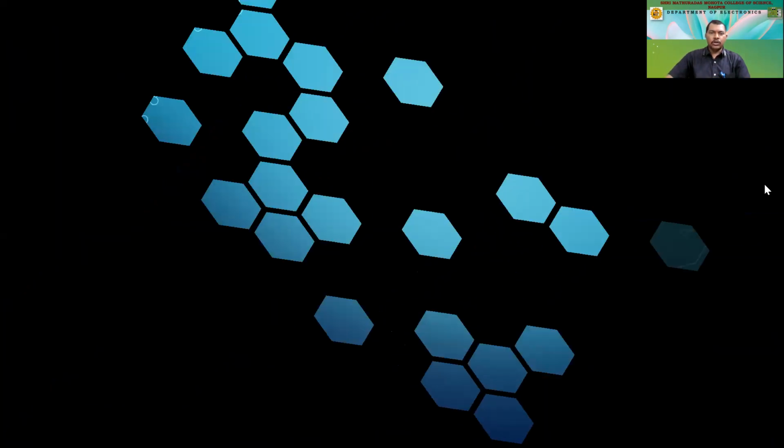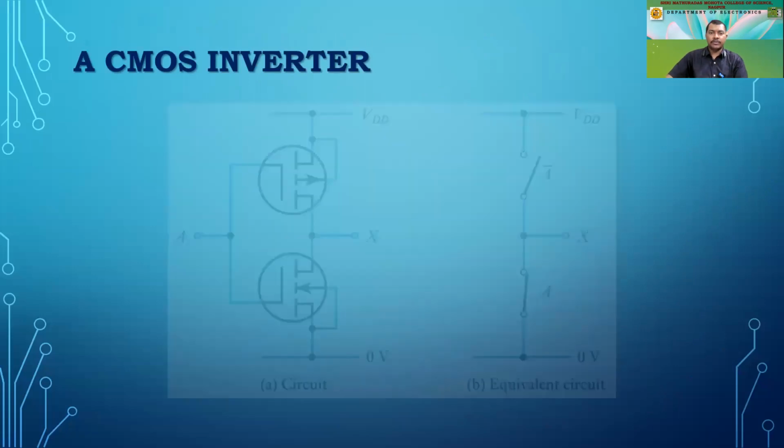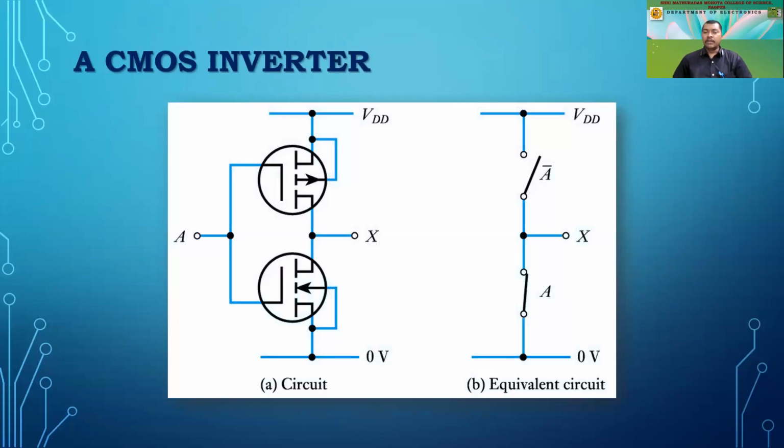Now let us go through the basic working diagram of a CMOS inverter. When we say complementary MOSFET, complementary means we are going to employ both. So we are having this as P channel, this as N channel. So we are using both of them, right? This is a simple inverter circuit of a CMOS.